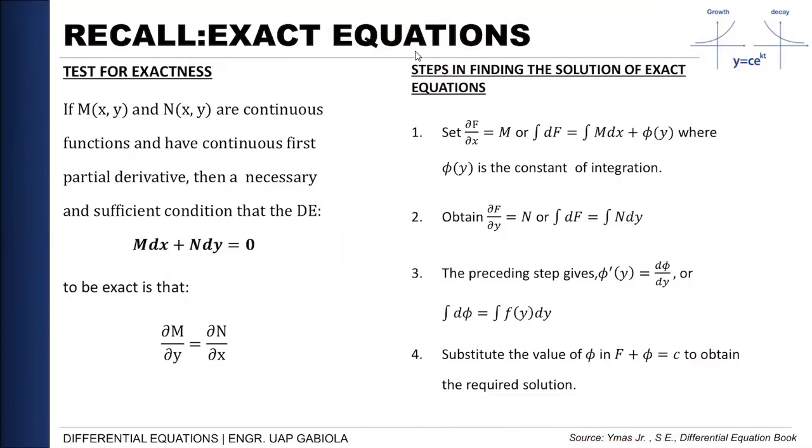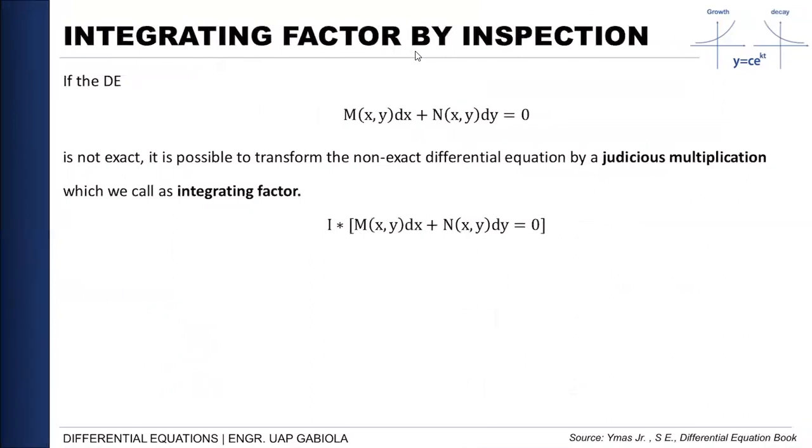So what happens if our differential equation, once tested for exactness, is not exact, or the partial derivative of M with respect to y is not equal to the partial derivative of N with respect to x? It is said here that it is possible to transform the non-exact differential equation by judicious multiplication.